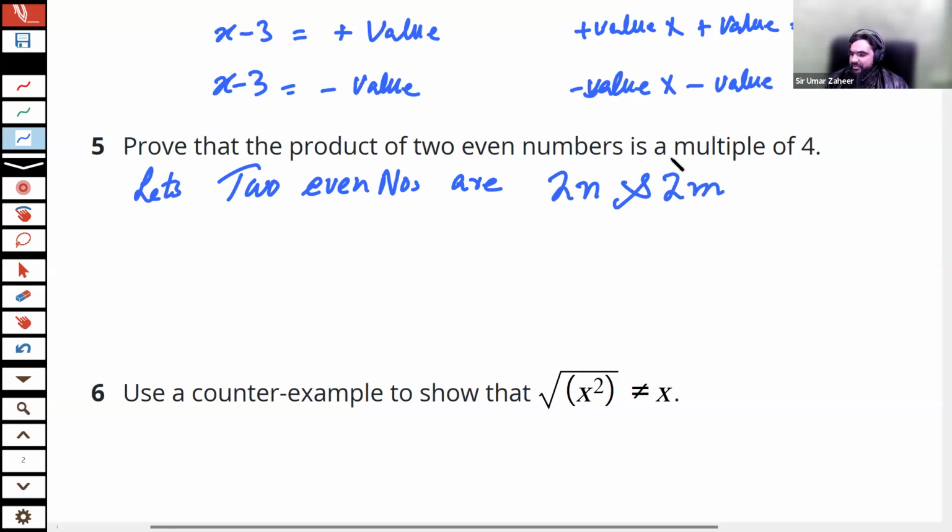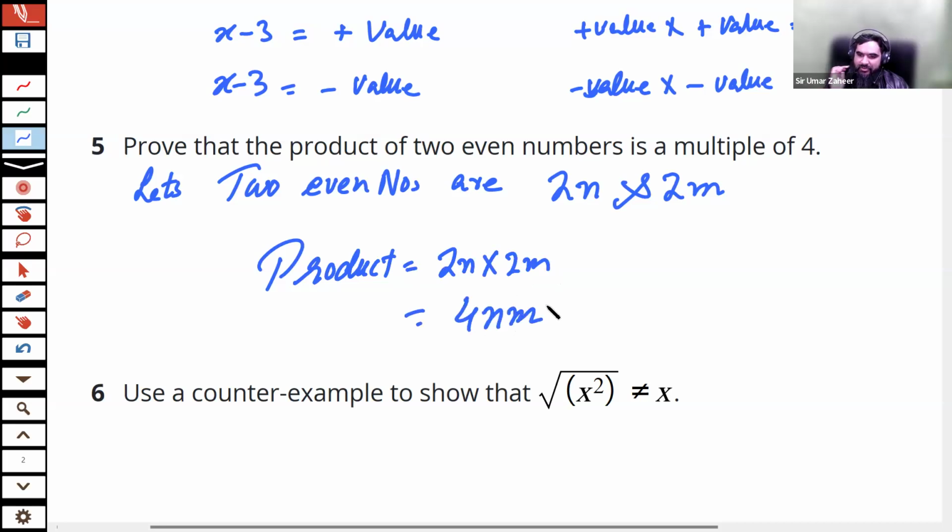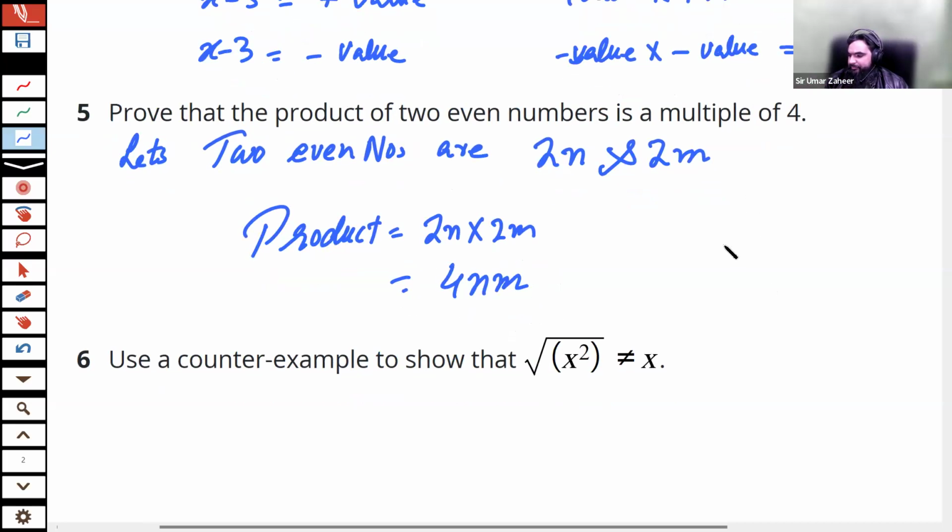He says that the product is a multiple of 4. So their product is equal to 2n multiplied by 2m. So 2 times 2 is 4, times nm. So clearly we can see that n and m are integers.